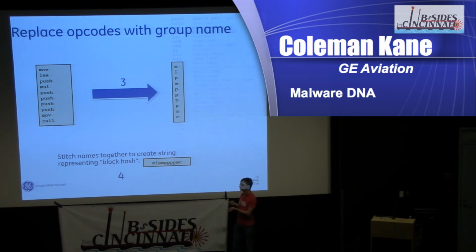So they'll tell you that if this P is different in another block hash, that ends up being a 10% difference. It can actually give you those differences and allow you to get a little bit more fuzzy with the hashing algorithm.